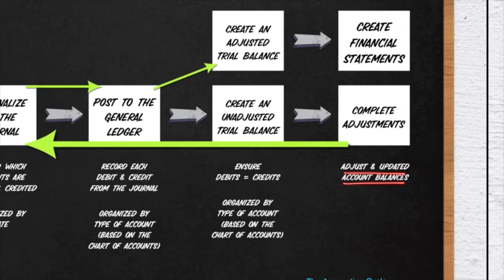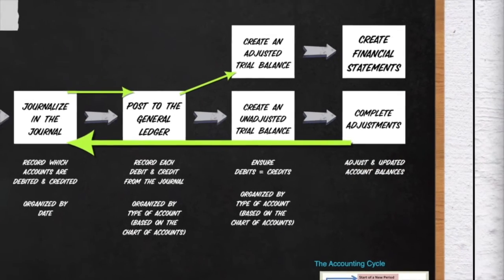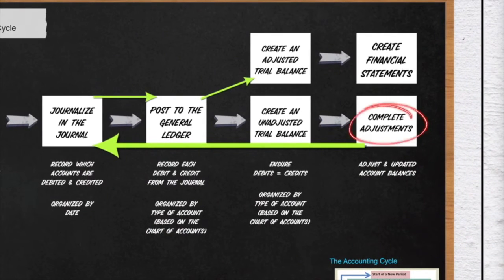And when you're updating or adjusting, you want to do that in the journal. In other words, you're doing analysis once again on the accounts. You're making adjustments, and when you make these adjustments, you have to journalize them in the journal.